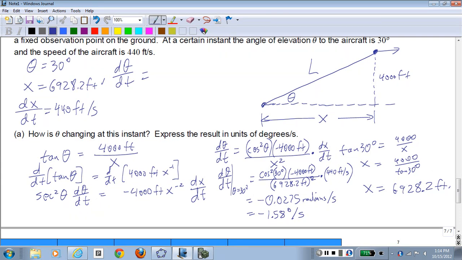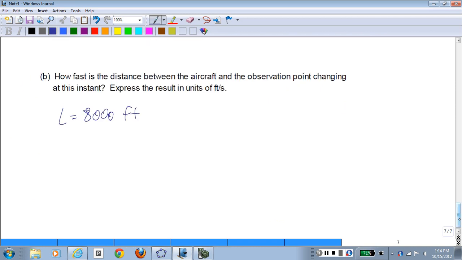So see if this makes sense. x squared plus 4,000 feet squared equals L squared. I think this would work. It relates x and L. So if we differentiate both sides with respect to t, we'll have an equation that relates x, L, dx/dt, those three we all know, and the other one would be dL/dt, the unknown.